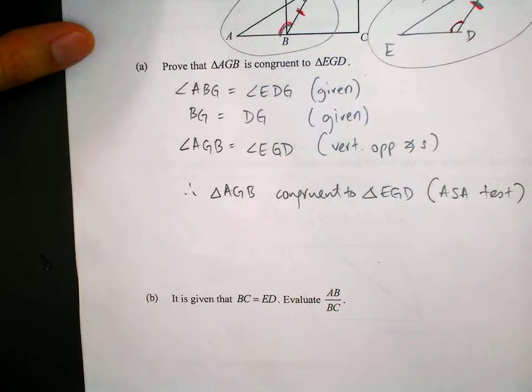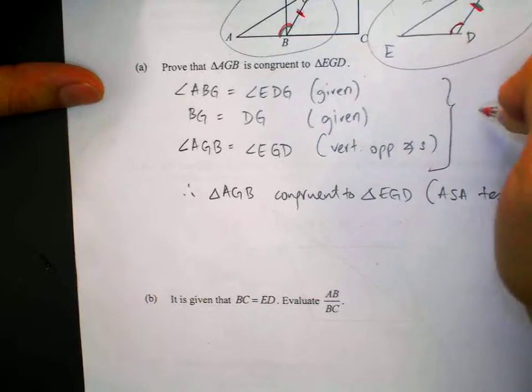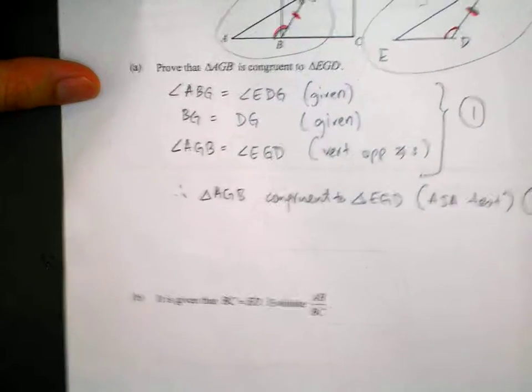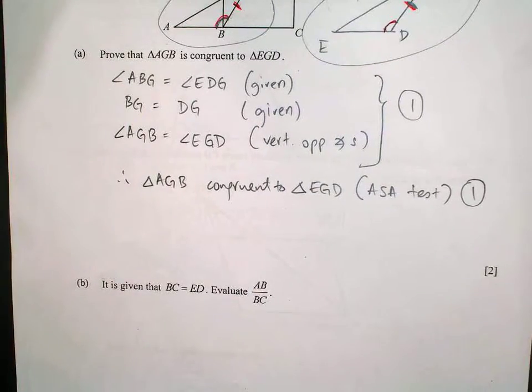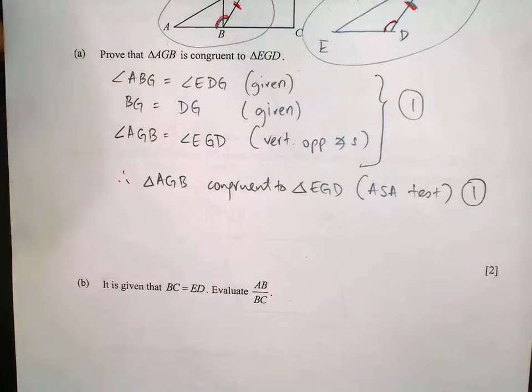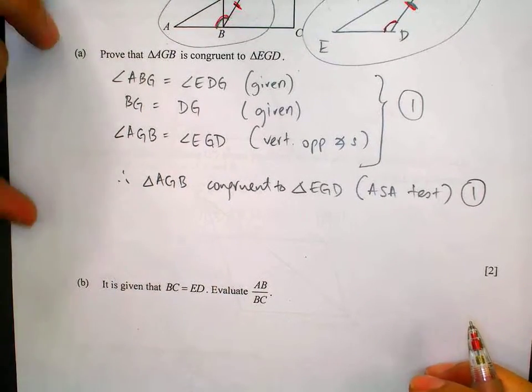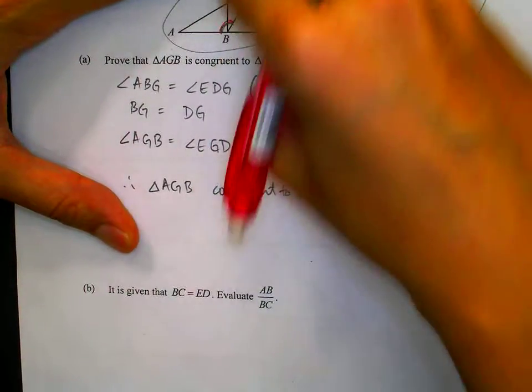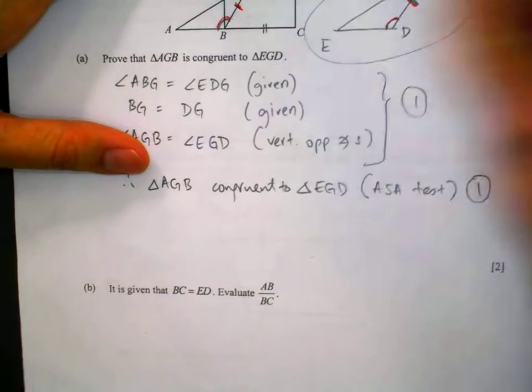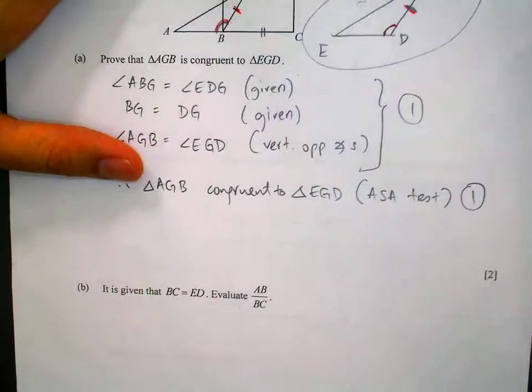Where are the marks? Everything here correct, you get 1 mark. This, you get 1 more mark. Next, BC equals ED.